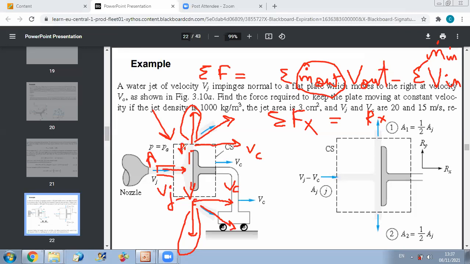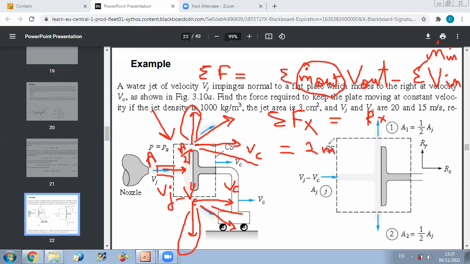Since we have conservation of mass, the velocity will remain the same. Along y, we don't care for velocities when we apply the x relation, so we just have these two ports. So we have 2 times m dot out.